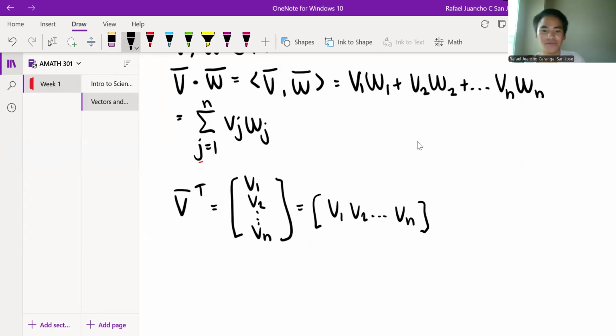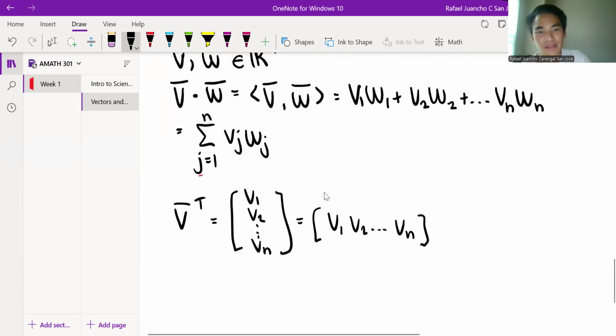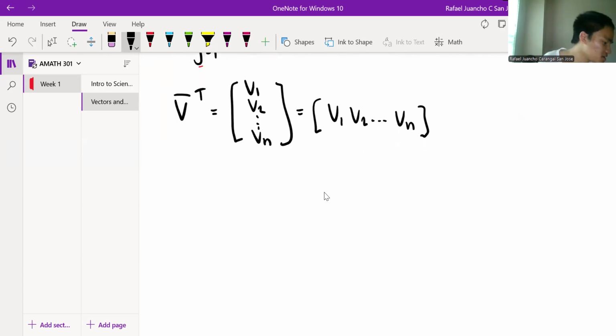When we transpose something, we're basically changing the format from a column vector to a row vector and vice versa. Okay, so that's the inner product, and now we talk about the outer product.